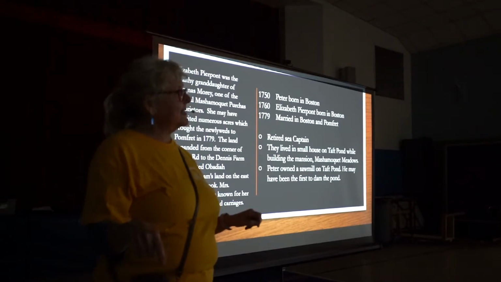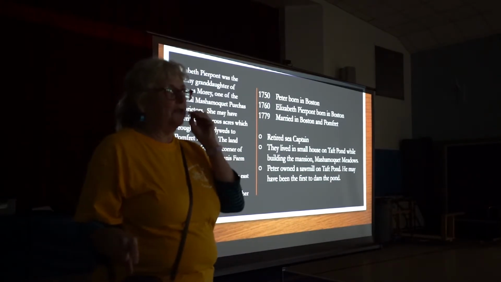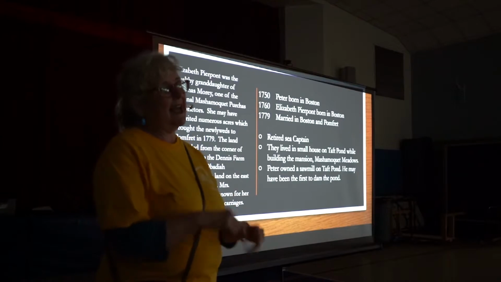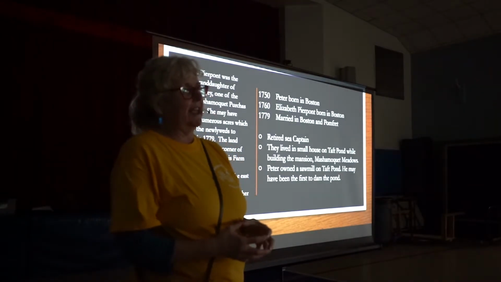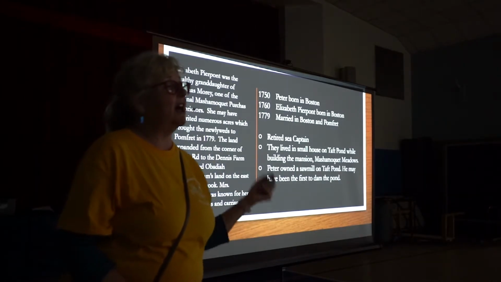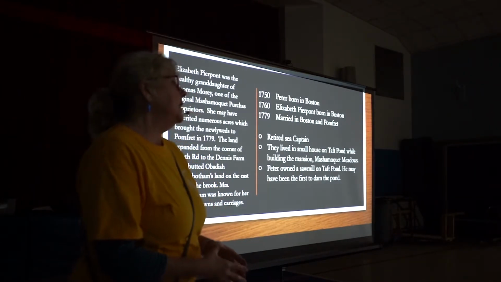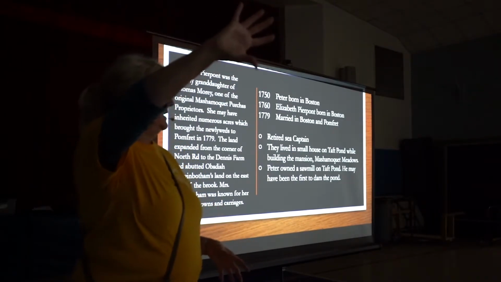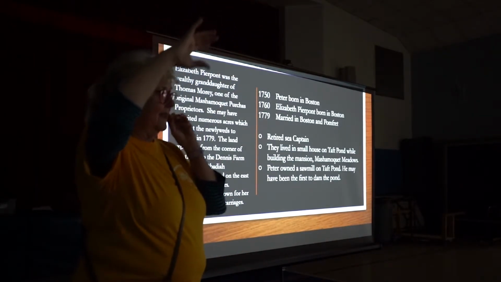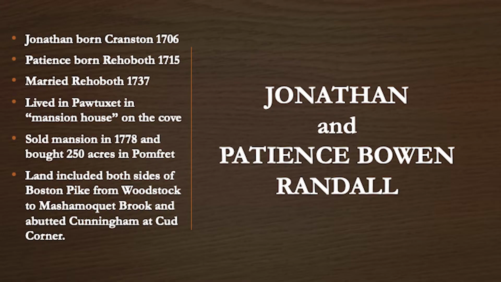Taft Pond still exists. I think Peter Cunningham is the one who first dammed up the pond and had a sawmill there. And his son, Peter Cunningham Jr., ended up living in that house and operated that sawmill.